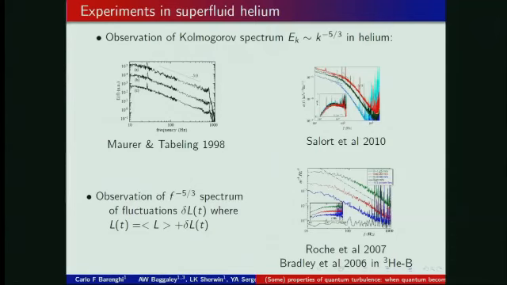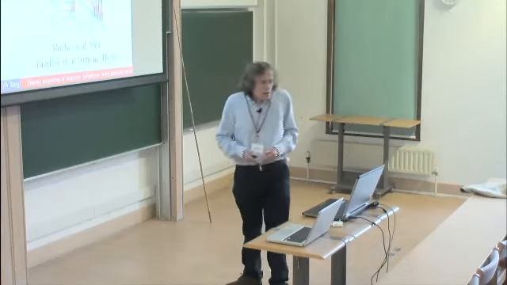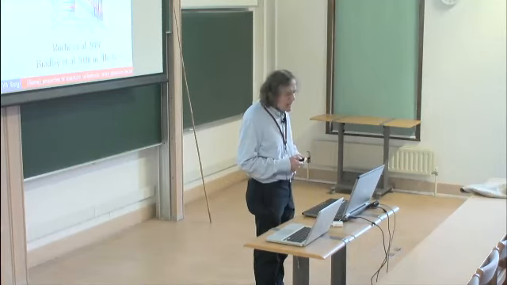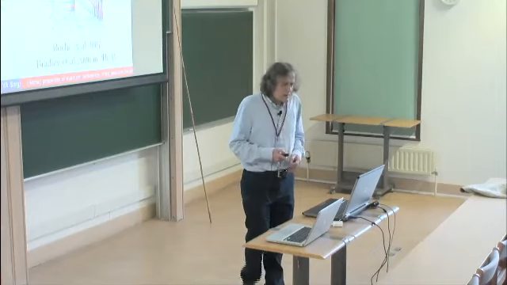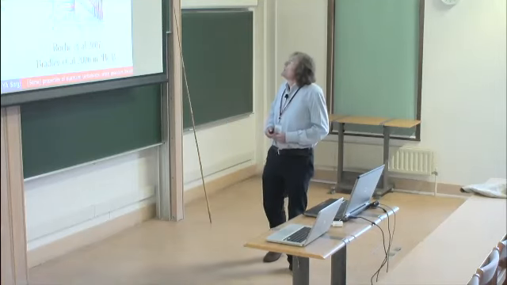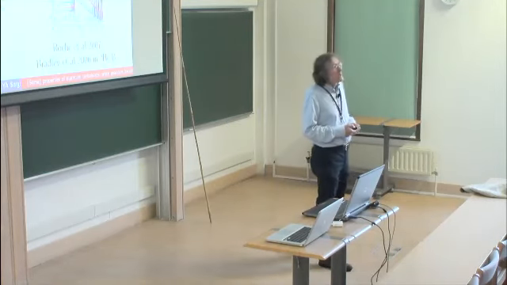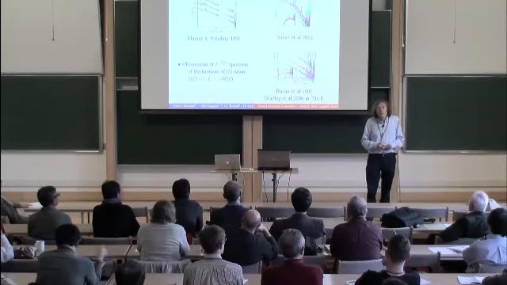The vortex line density, length per volume L, in a steady state will consist of a mean value, plus some fluctuations delta L. And if we measure it versus time and take the frequency spectrum, we'll get some typical power law, which seems to scale like the frequency to the power minus 5/3.